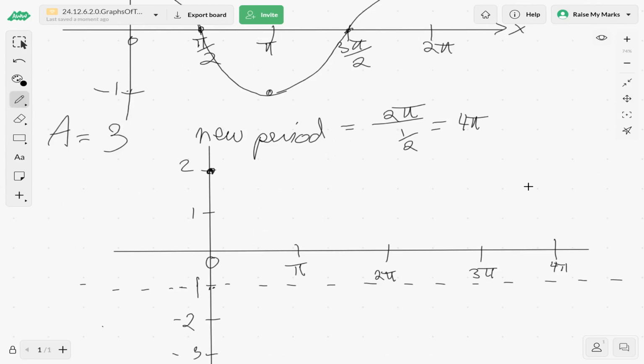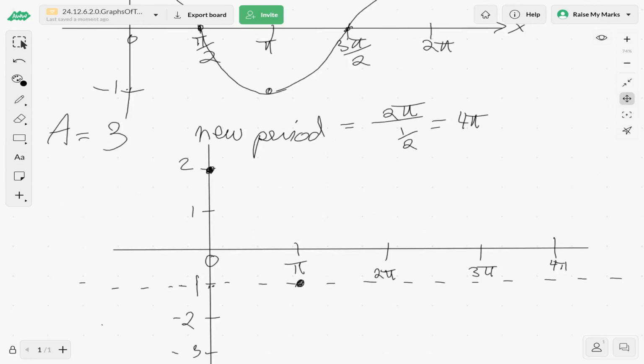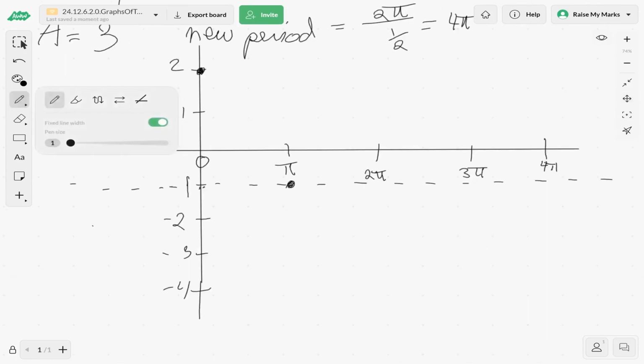So when x equals 0, our new value is going to be 2. Then at pi, we're going to have a value of -1. At 2 pi, the value of the function is going to be -4, so 3 units down from -1, because our amplitude is 3. At 3 pi, we're back to our axis, so y equals -1.